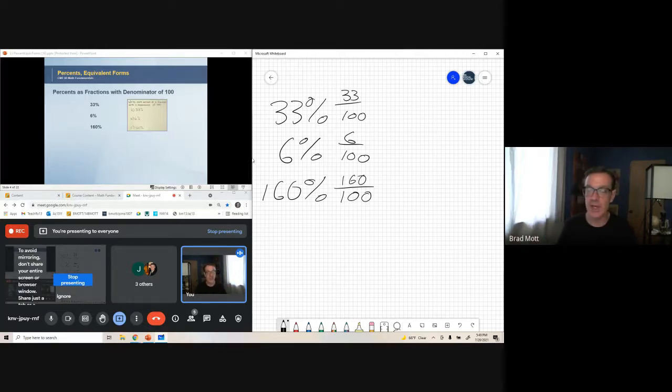The simplification of these is going to come later on. But just so you know, I do realize that yes, 6 100ths can be simplified to 3/50ths. And you can also simplify 160 to 16/10ths and further down into 8/5ths. And of course, you can always convert that into a mixed number of 1 and 3/5.